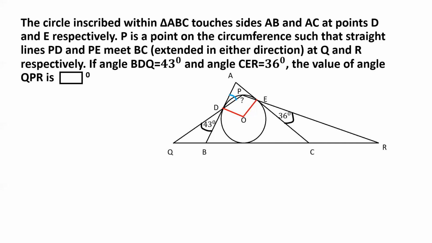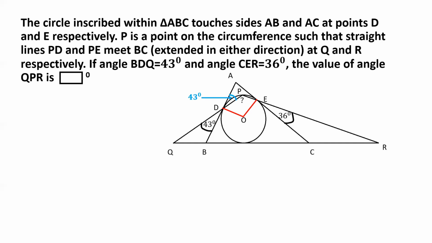And we know from a fundamental theorem in plane geometry that vertically opposite angles formed by two intersecting lines should be equal. So that makes angle ADP equal to 43 degrees.